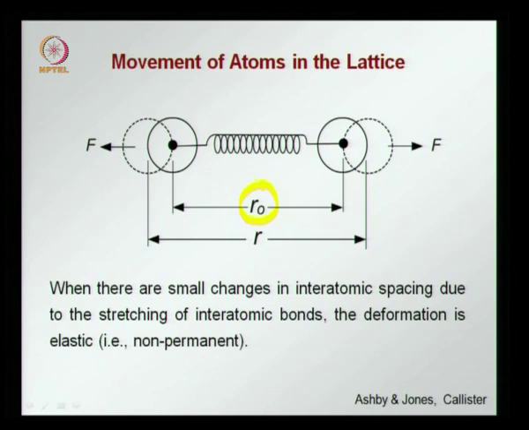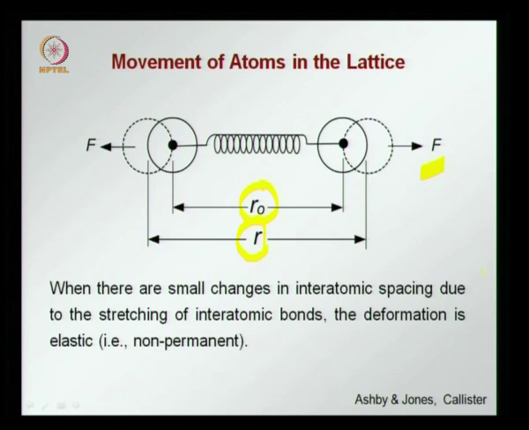Now when there is a small change in this spacing, going from this to the dashed positions, we have the distance now as r, and just like an elastic spring, there is an elastic behavior, and when this force is removed the atoms go back to the original position.